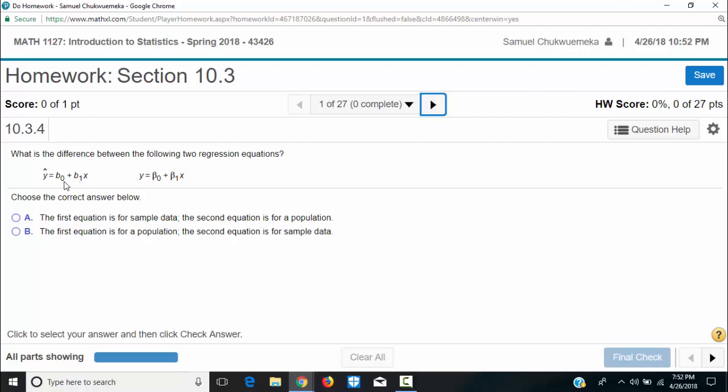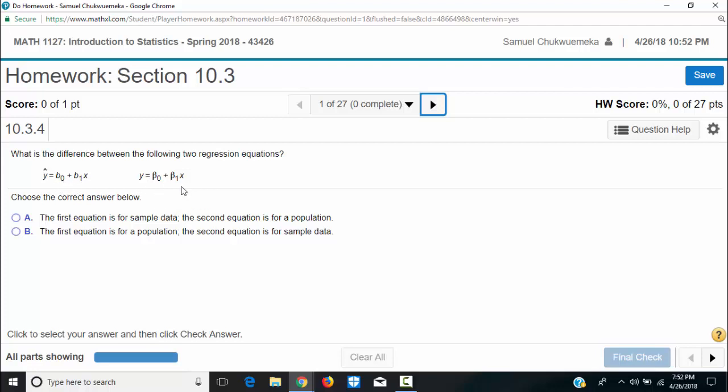I know here it says b0 plus b1x. Some people will say y equal to b plus mx. Remember, m is the slope, b is the y-intercept. So in this case, b1 is the slope and b0 is the y-intercept.